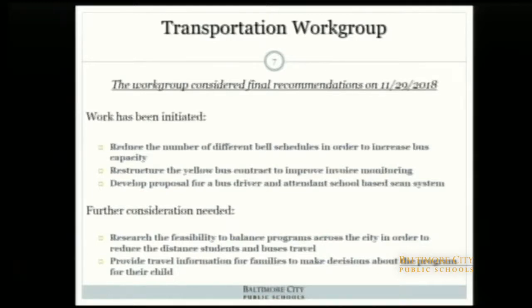And then also, choice was a recurring theme and question from our work group stakeholders. What is choice about? Why do you do choice? That seems to be not a good thing for transportation. In one of our sessions, we had some families speak to the work group about their experience with transportation. And one of the items that came up again was choice.